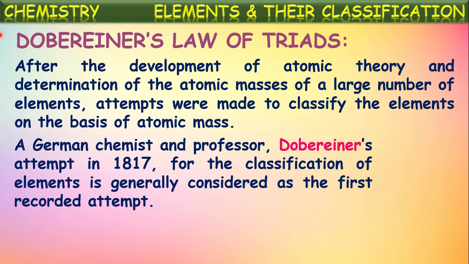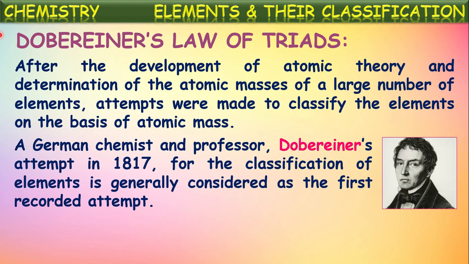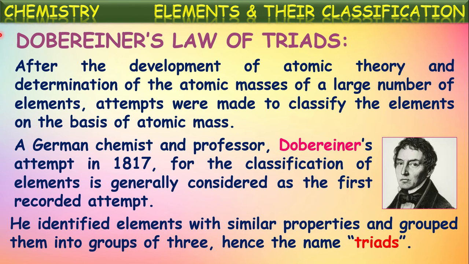A German chemist and professor, Dobereiner's attempt in 1817 for the classification of elements is generally considered as the first recorded attempt. So he tried to classify the elements based upon the property atomic mass. He identified elements with similar chemical properties.